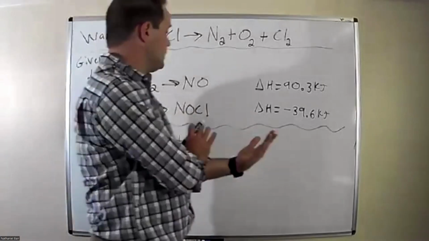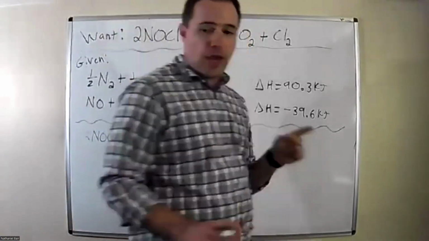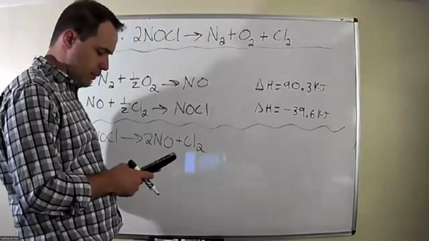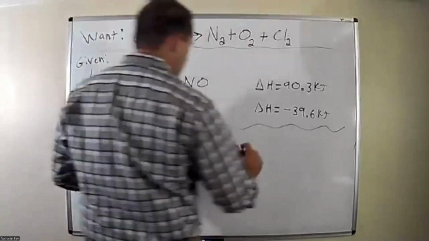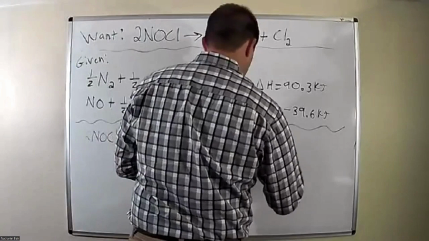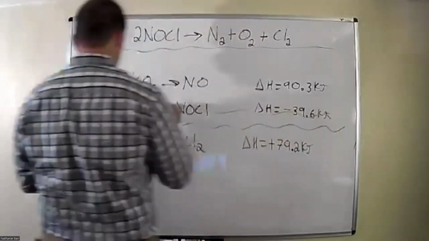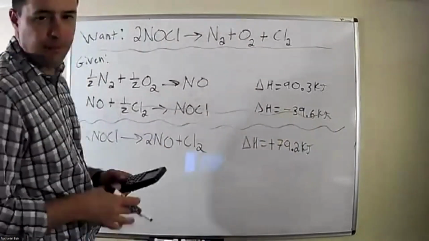Now it's flipped, so that becomes positive, and we need to multiply it by 2. Positive 39.6 times 2 becomes a positive 79.2 kilojoules. That reaction is now dead.